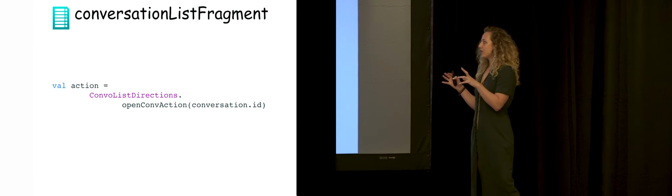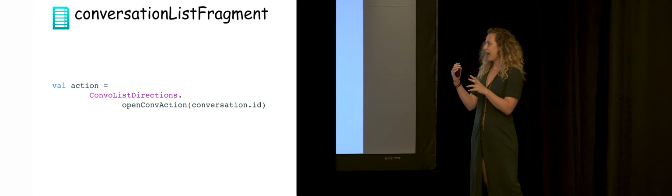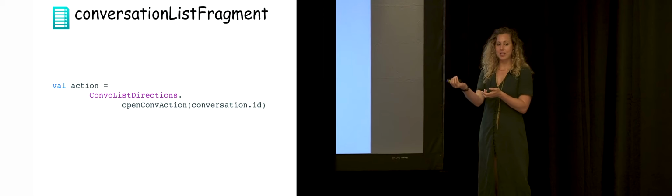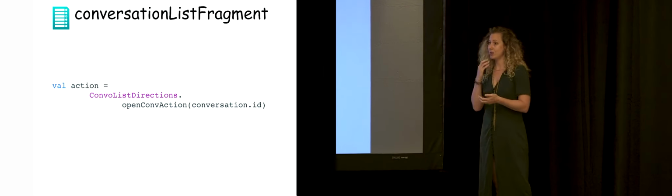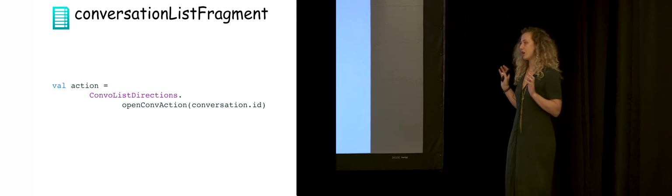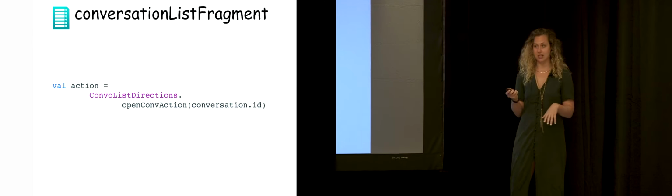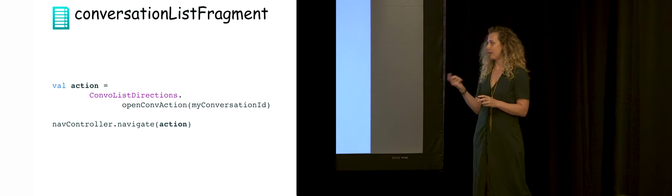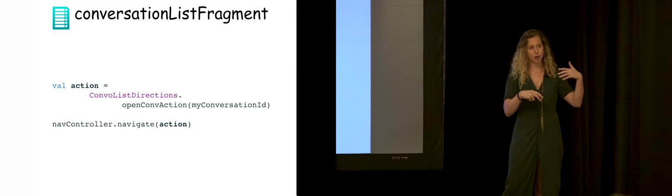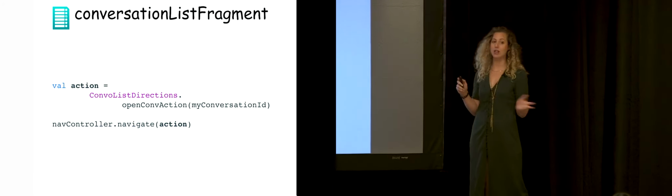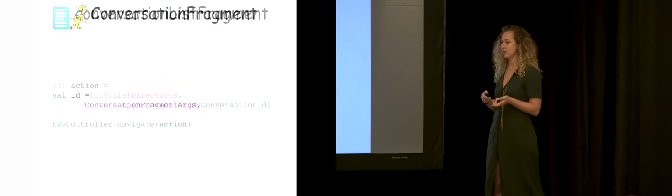Open conversation action expects a string, a conversation ID. So I can just give it the conversation ID and use this action in order to navigate. I grab the navigation controller, as we saw before, and ask it to navigate with this action with the Safeargs.